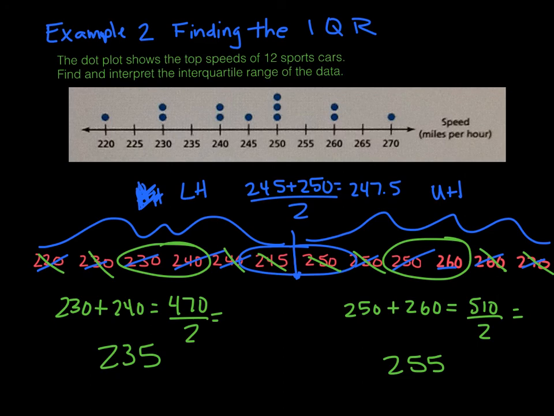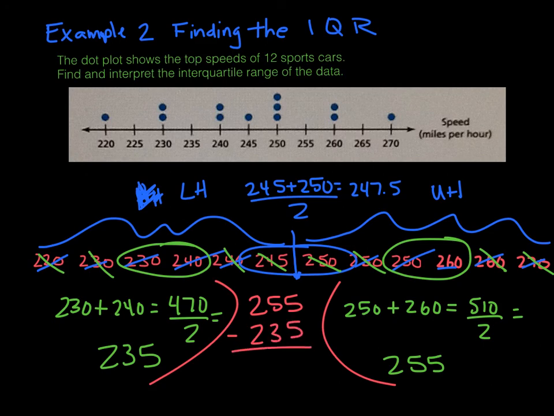So I'm going to take 255, our Q3, and subtract 235, our Q1, to find my IQR. My IQR happens to be a total of 20.